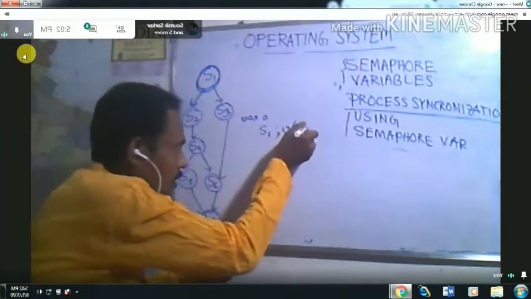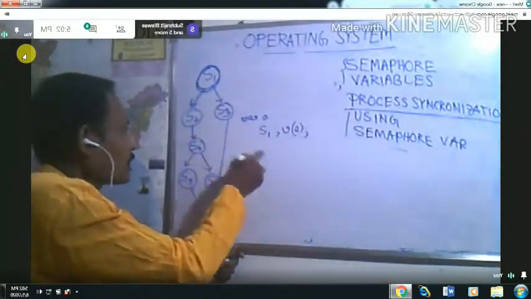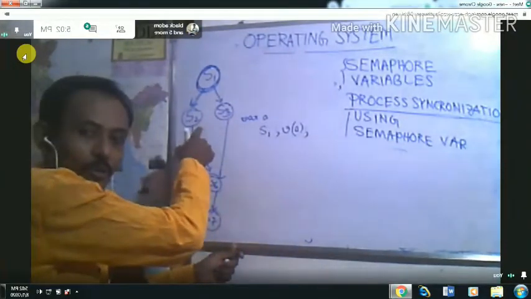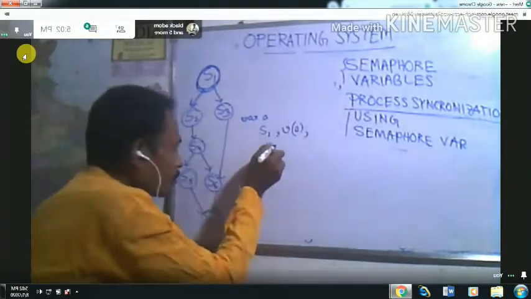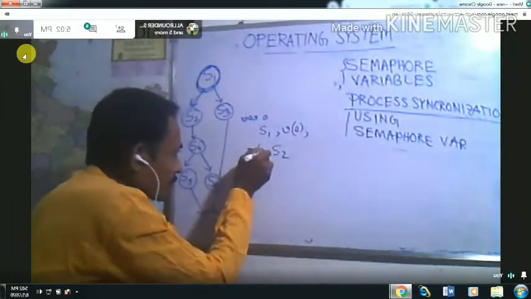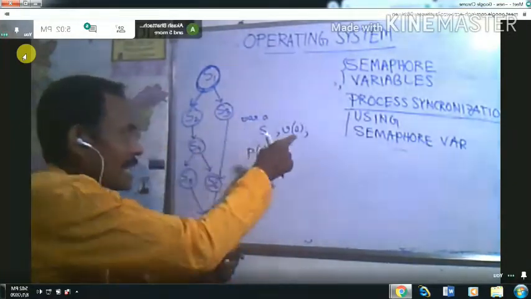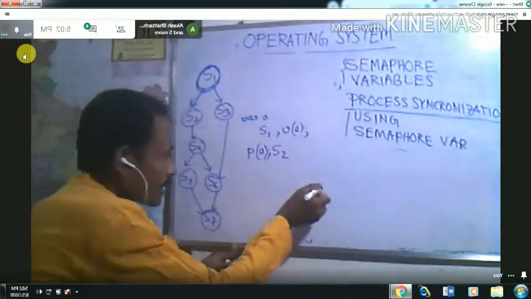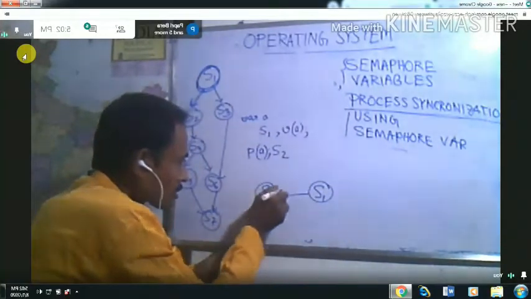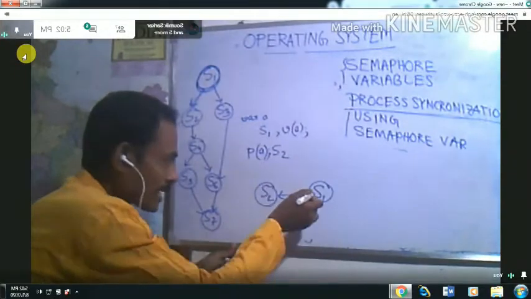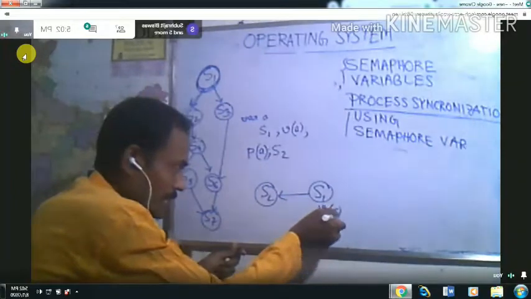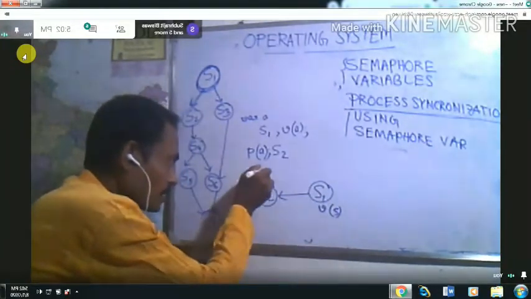If V(a) is called, then what will happen to execute S2? Before S2 you have to operate P(a). So P is the operation and a is the semaphore. Suppose this is S1 and this is S2. If S2 is dependent on S1, then we call a V function after S1 and a P operation before S2. Clear?